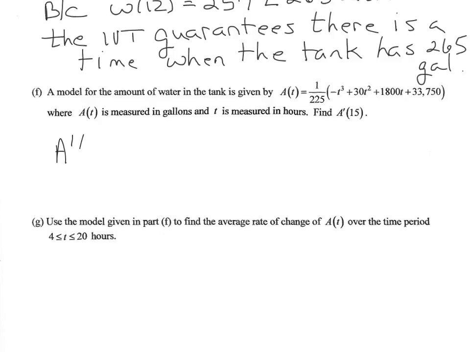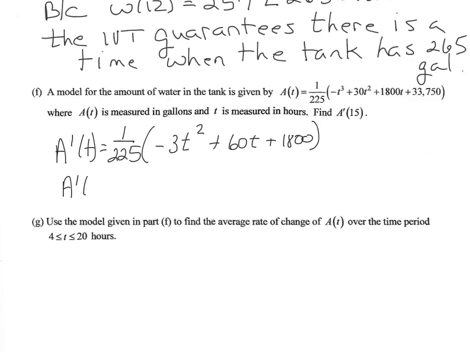A'(t) is going to be equal to 1/225, just leave that out front, of negative 3t squared plus 60t plus 1800. Now, if this were actually a question, you would get a point, I'm sure, just for finding the proper derivative. These numbers are kind of big, so my guess is if you had numbers this big, they might not expect you to plug it in by hand.